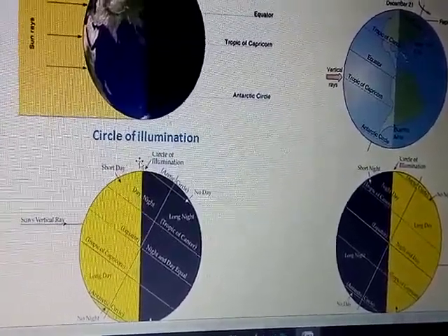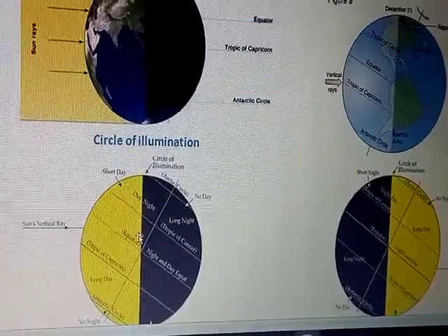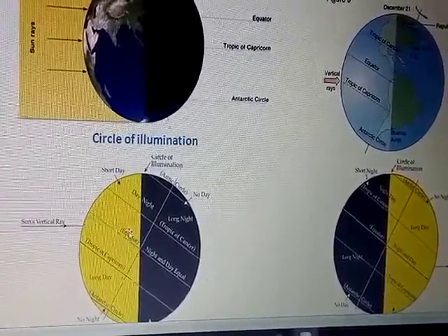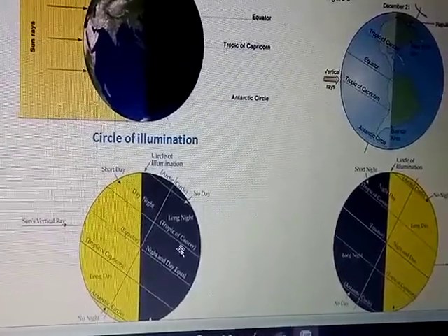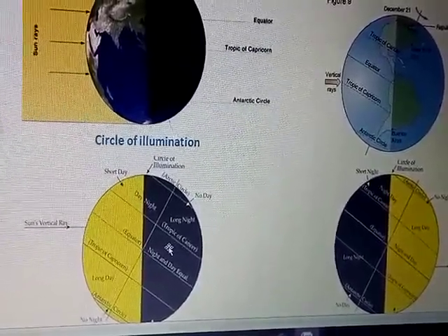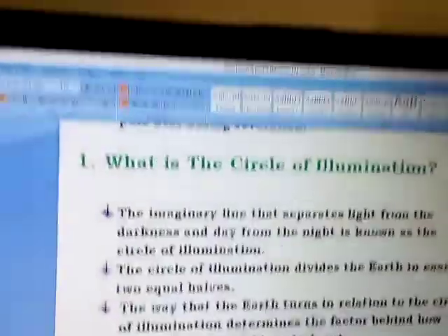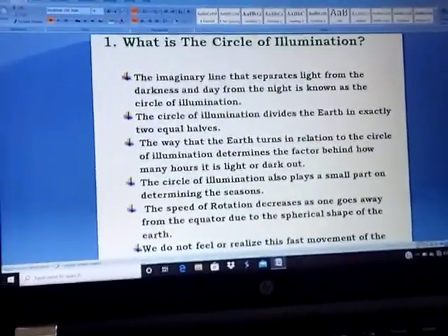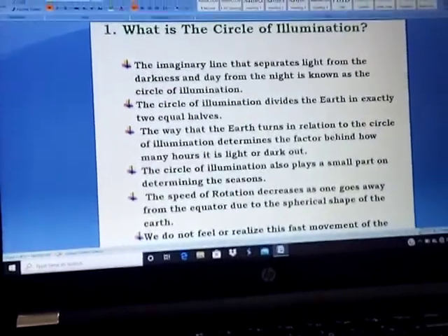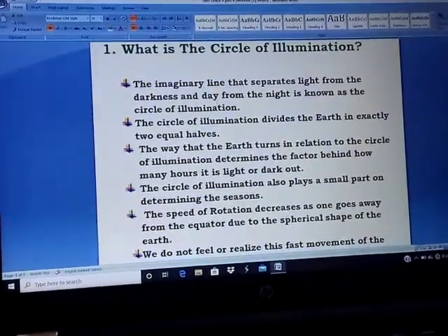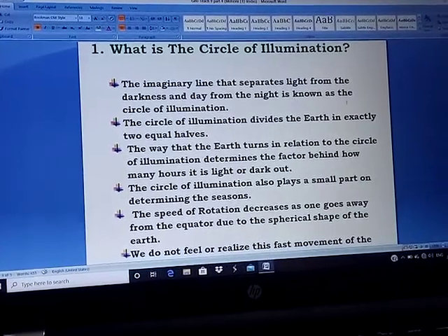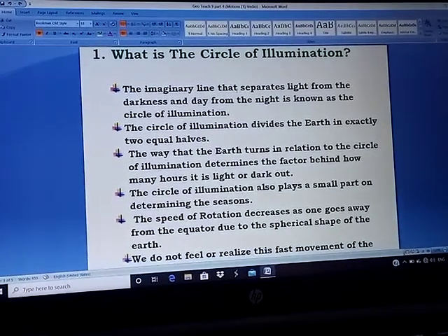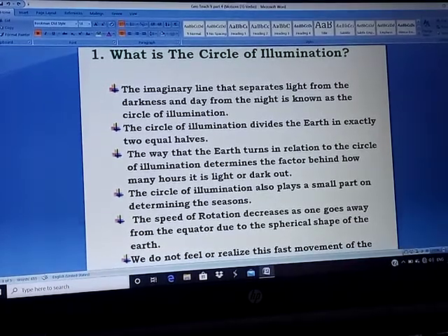So this is the line that divides one half of the earth into day part and the other half of the earth as night. It is an imaginary line that separates light from darkness and day from night, known as the circle of illumination. In short form, it is the line that separates day and night.